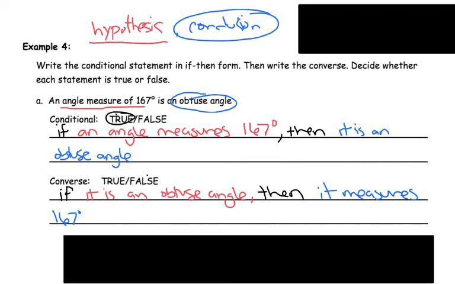It could technically be 150 degrees, 91 degrees, 100 degrees. So we're given plenty of different options as far as it being obtuse. So this answer is most definitely false.